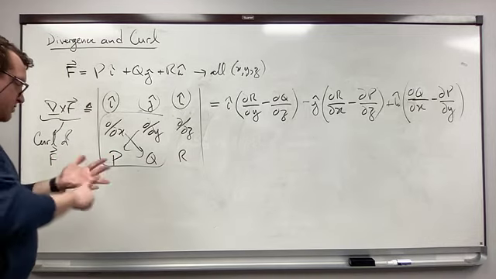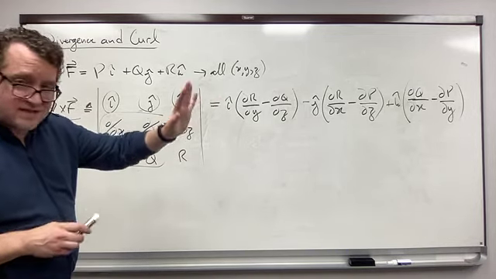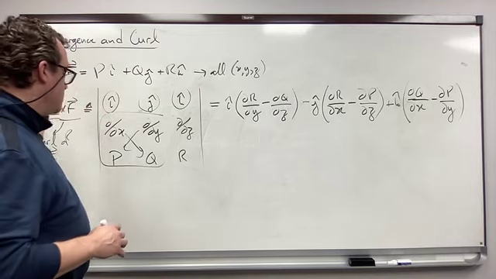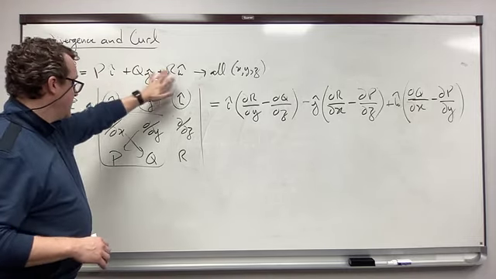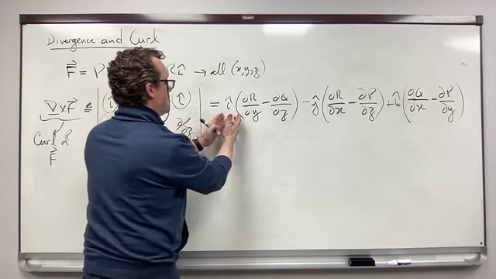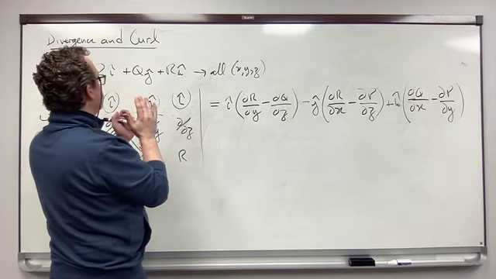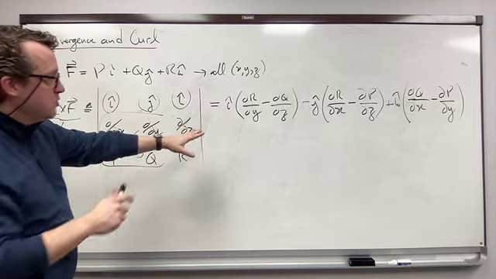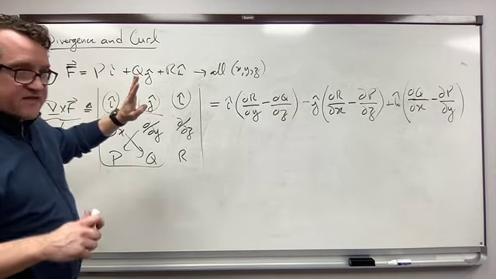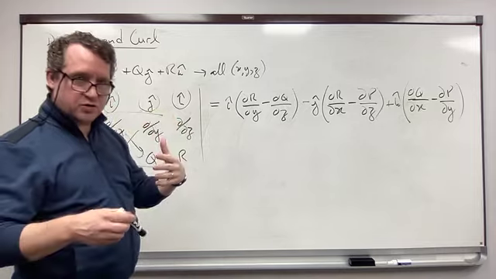Number two. Note the symmetry going on here. When I do the curl, so this is the x, y, z component of F, the x component of the curl doesn't involve anything to do with the x component of F, nor does it have anything to do with partials with respect to x.